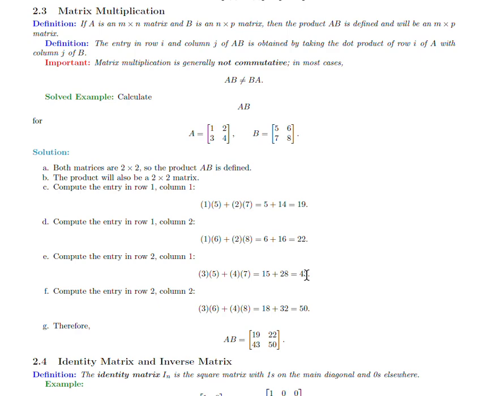That gives us 43. And for row 2, column 2 in the product AB, you take row 2 in the first matrix against column 2 in the second matrix. That will be 3 times 6 plus 4 times 8, and that gives us 50. And that's our result here.